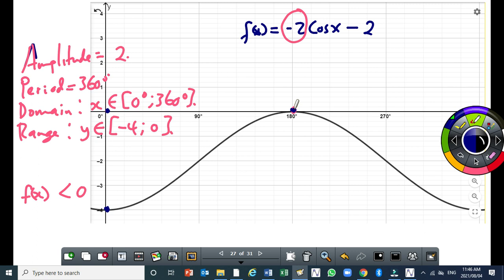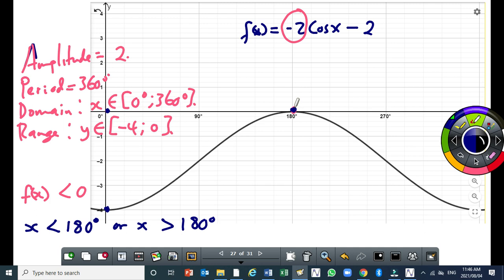So my suggestion, you can write your answer as x is less than 180 degrees, or x is greater than 180 degrees. Because all the points to the left, but now the thing is we also have to include 0.